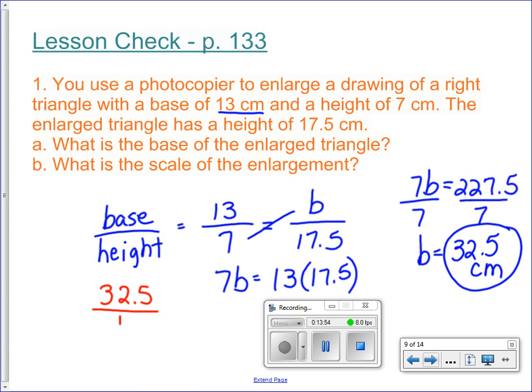And our original had a base of 13. And all we do is divide. So 32.5 divided by 13 is equal to 2.5. So our scale of the enlargement, it's 2.5 times larger than the original.